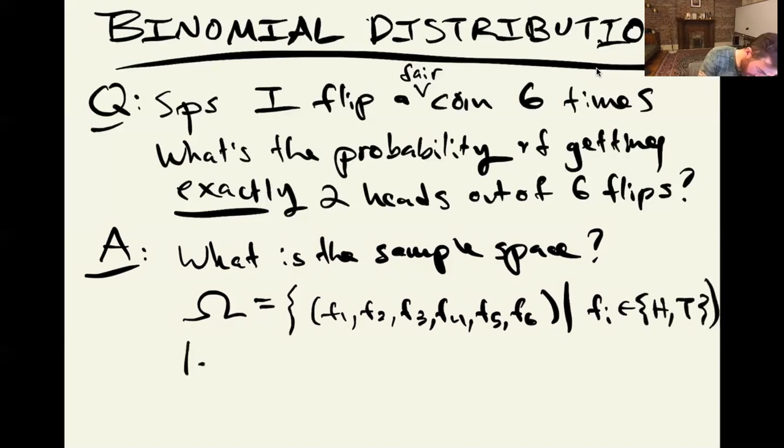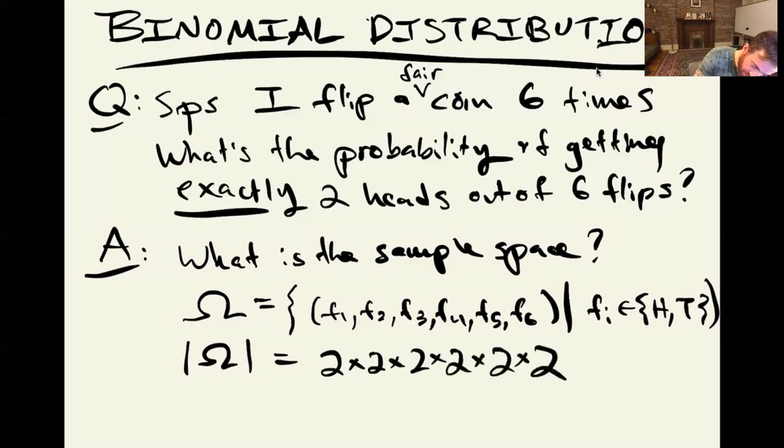So the size of omega is the number of options for each flip. That's 2 times 2 times 2 times 2 times 2 times 2, which is 2 to the 6th, which is 64.